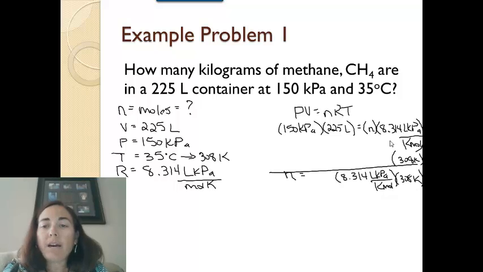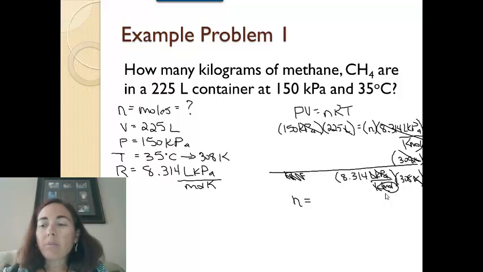If I divide one side by these numbers, I've got to divide both sides. So over here, everything cancels out. And what I'm going to be left with is N equals, my kilopascals cancels with kilopascals, liters cancels with liters, and then this Kelvin cancels with this Kelvin. So my answer is going to be in moles. And that's perfect because that can get me to grams.